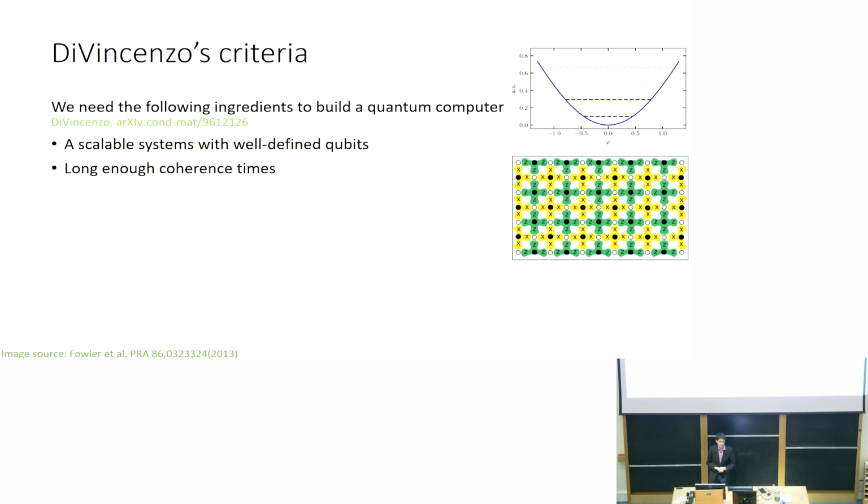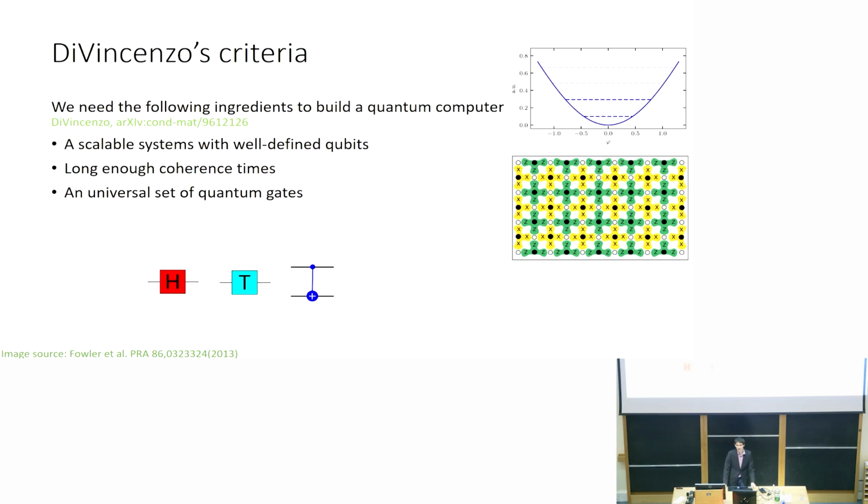This was also mentioned in a talk last year by Benedict, so I will only briefly touch on this at the end of the talk. Then you need a universal set of quantum gates. For a quantum computer, the idea is that the algorithms consist of unitary operations, and then you need some ingredients to realize them. It turns out that you basically need single qubit gates, which are the Hadamard and, for example, a phase gate, a T gate here at the bottom, which I will illustrate later.